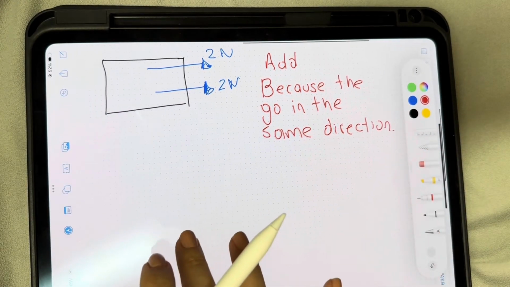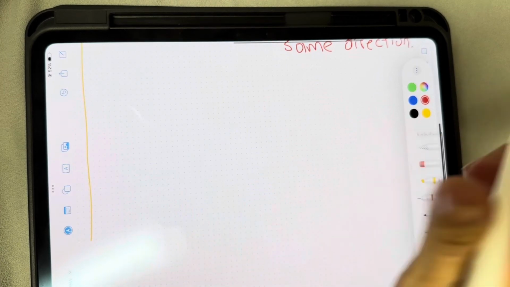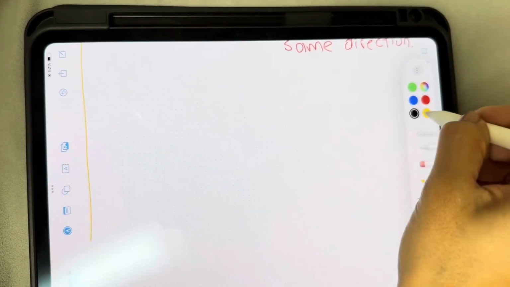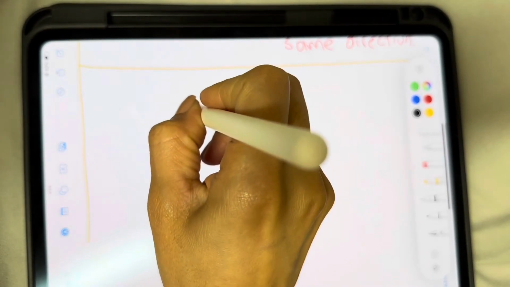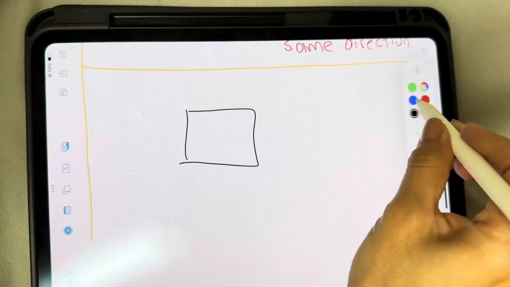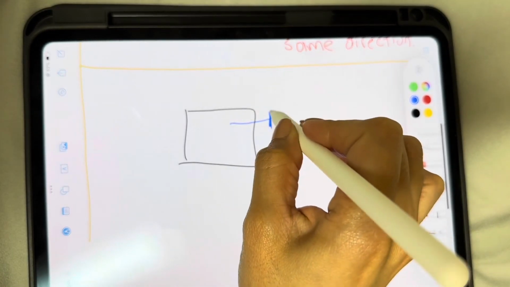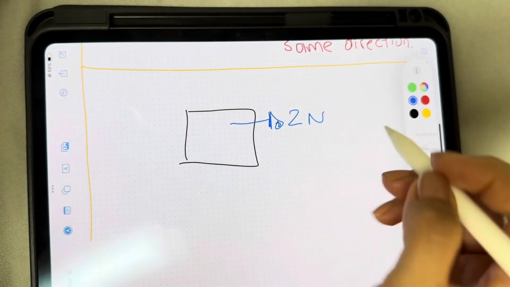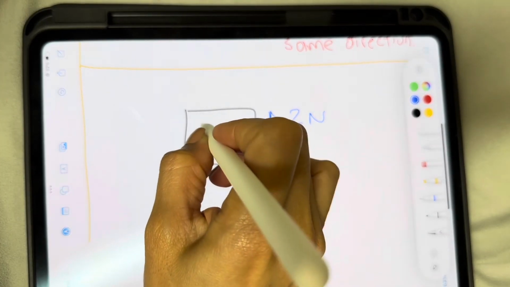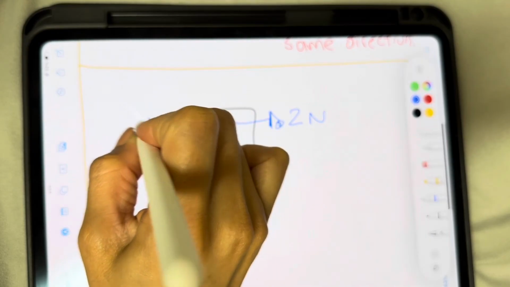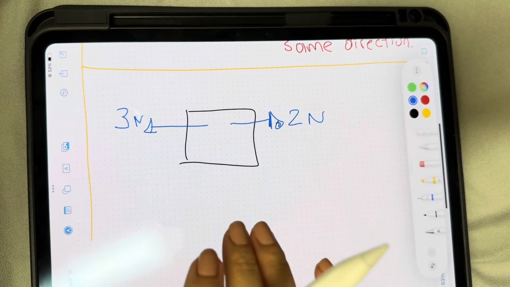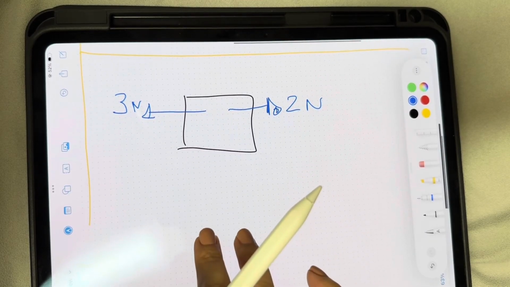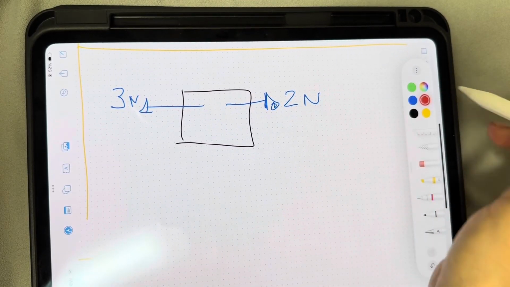Okay. Now, how about if we have the same box, but now one person is pushing towards the right with 2 newtons and another person is pushing towards the left using 3 newtons. Since they are going in opposite directions, what you are going to do is subtract.